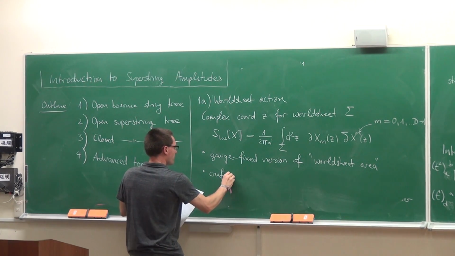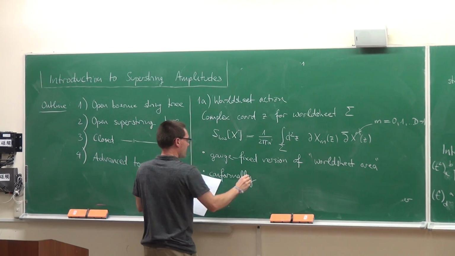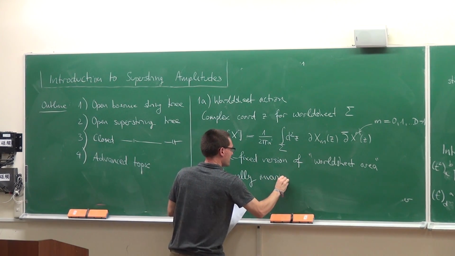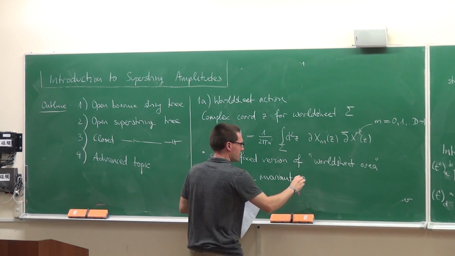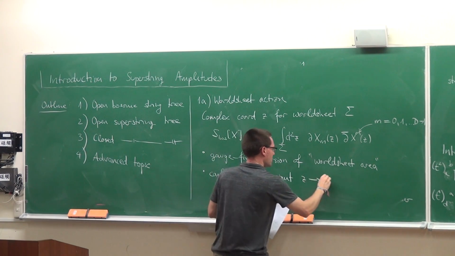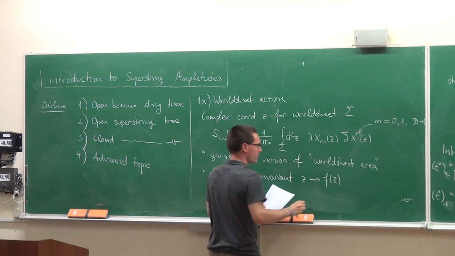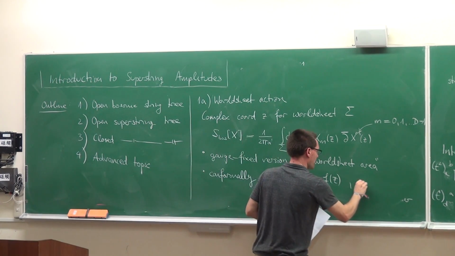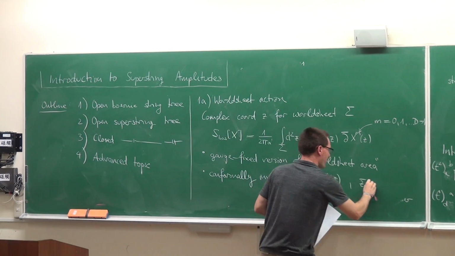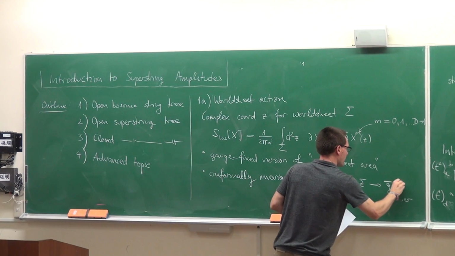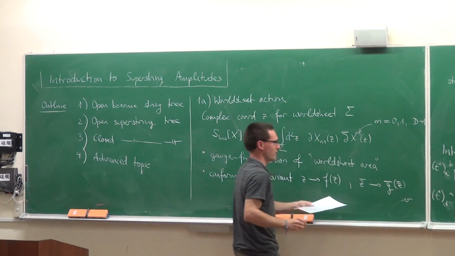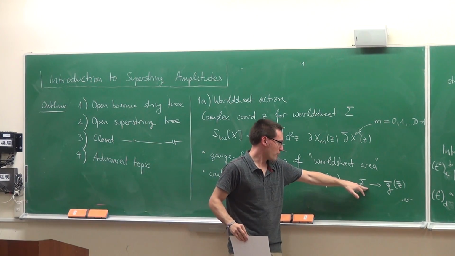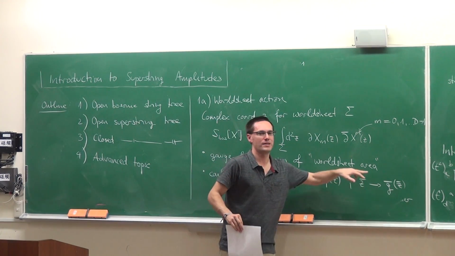What is nice to observe is that this action has a symmetry. It is conformally invariant. If I send coordinate z to some holomorphic function of z, and I can at the same time take the complex conjugate z bar, and even pretend that the complex conjugate was independent, and reparameterize both z and z bar separately.